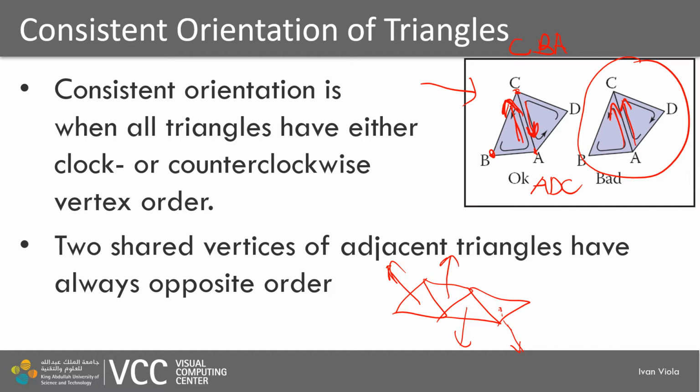And we also can see that the second triangle, ACD, has its vertices ordered in a clockwise order, and that will mean that its normal will be oriented in the other direction than for the triangle BAC or CBA, if you like. So we need to make sure that we generate meshes that are consistent in orientation.